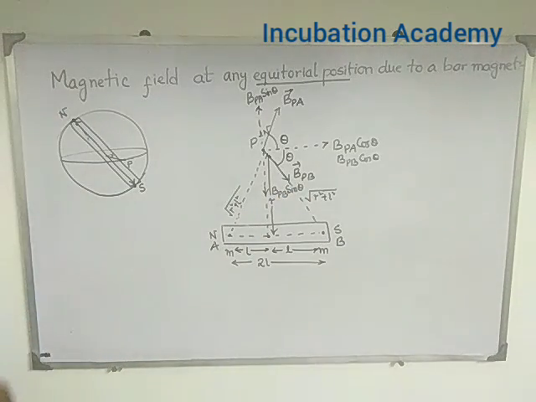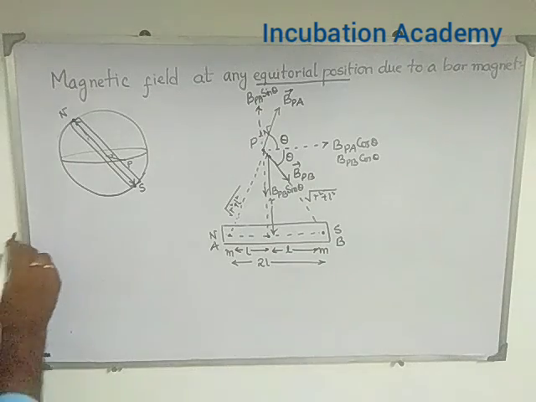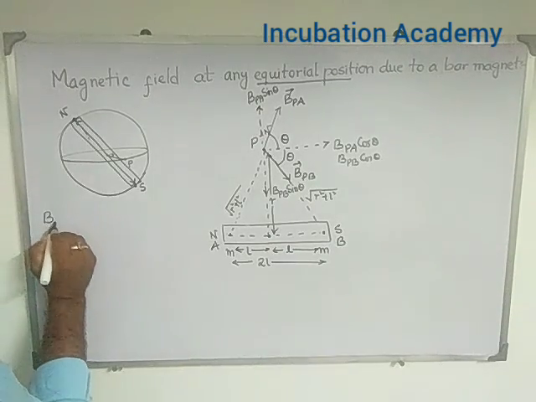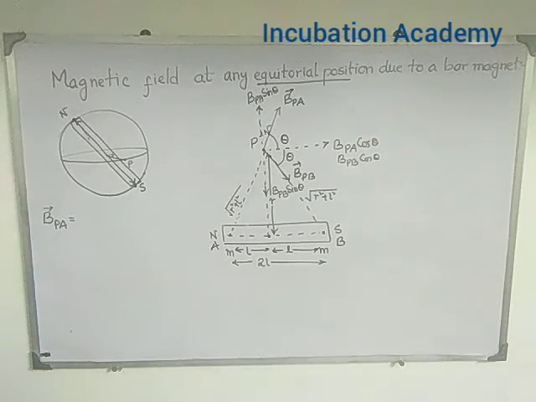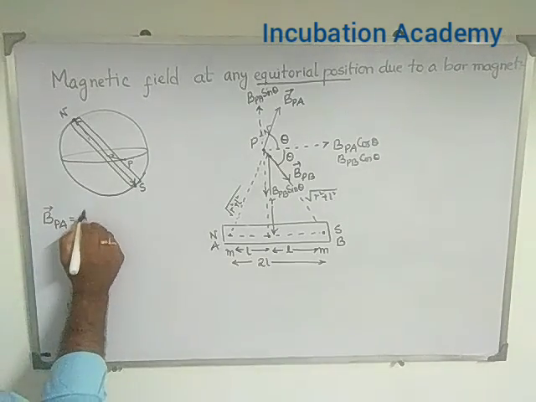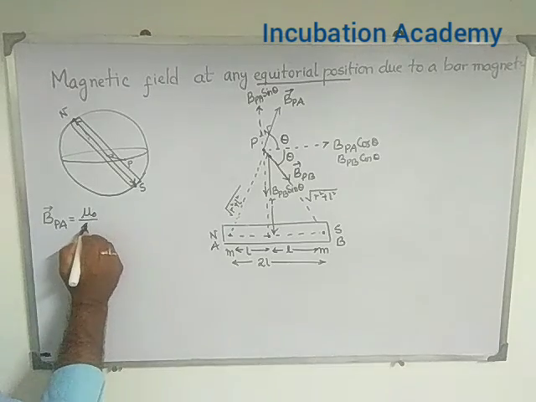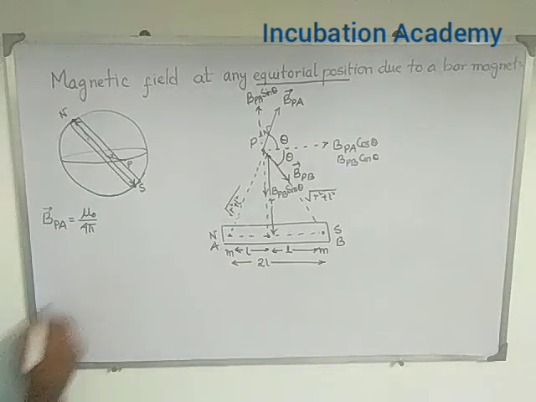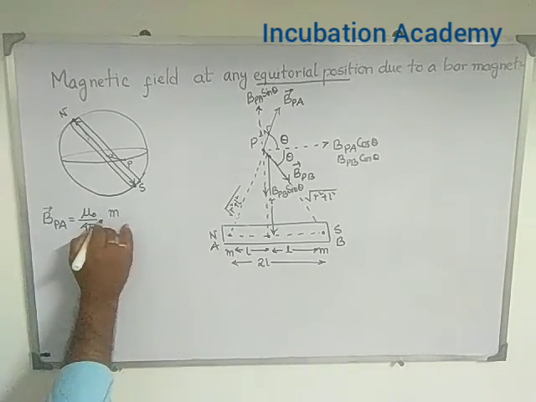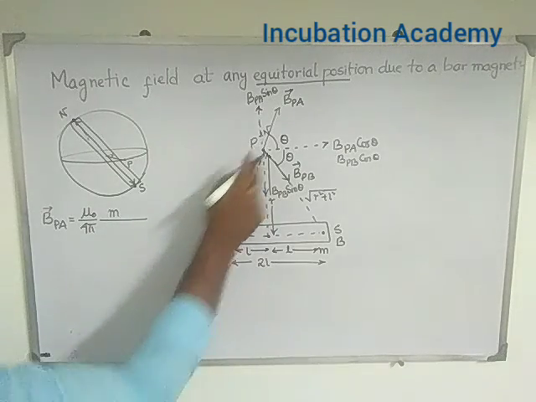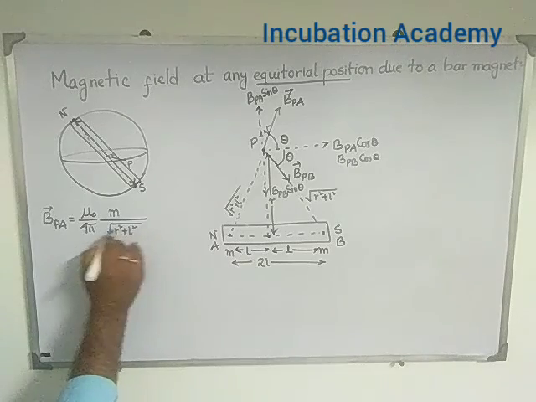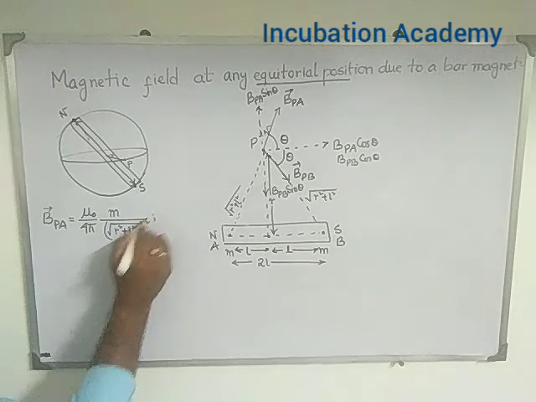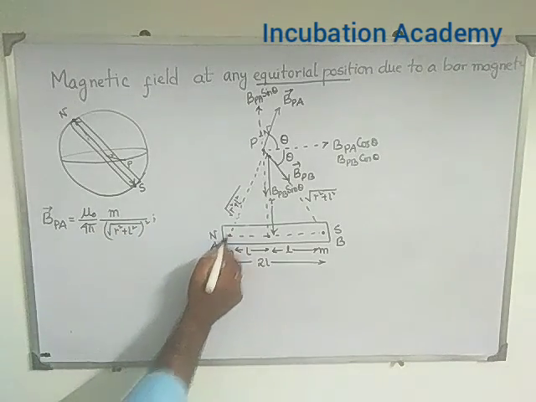Now let us try to write what BPA is. What is the value of BPA? The value of BPA will be mu naught divided by 4 pi, m, over the separation between them, root over of r square plus l square, along A to P.